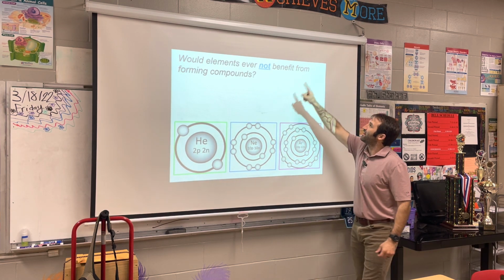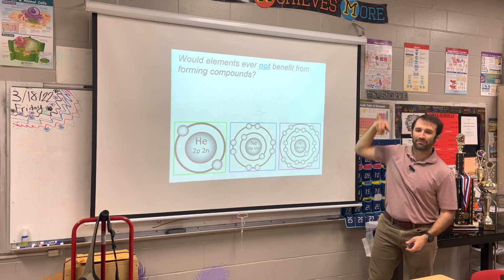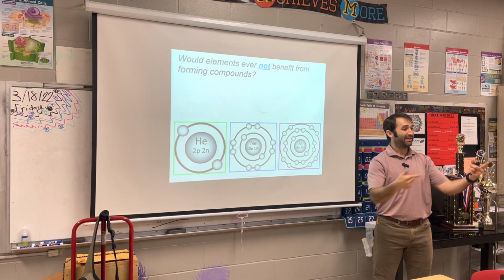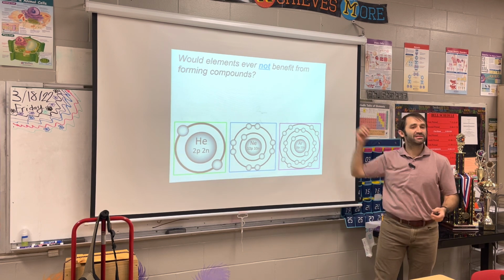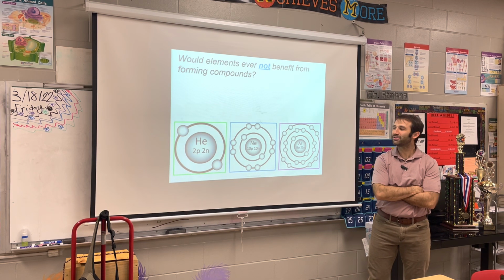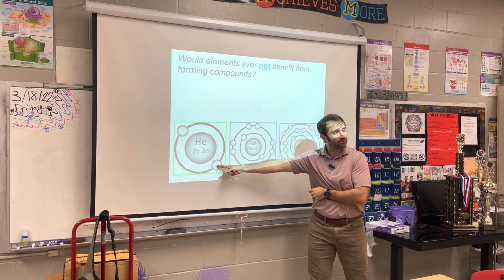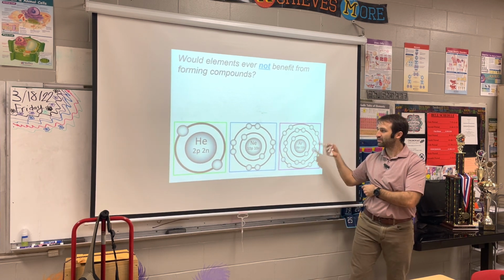Would elements ever not benefit from forming bonds? And we actually answered this before, right? Yes, but why is it yes? They're already stable. Good, Nathan. Is its outer shell full? Yep. It's the noble gases, right?